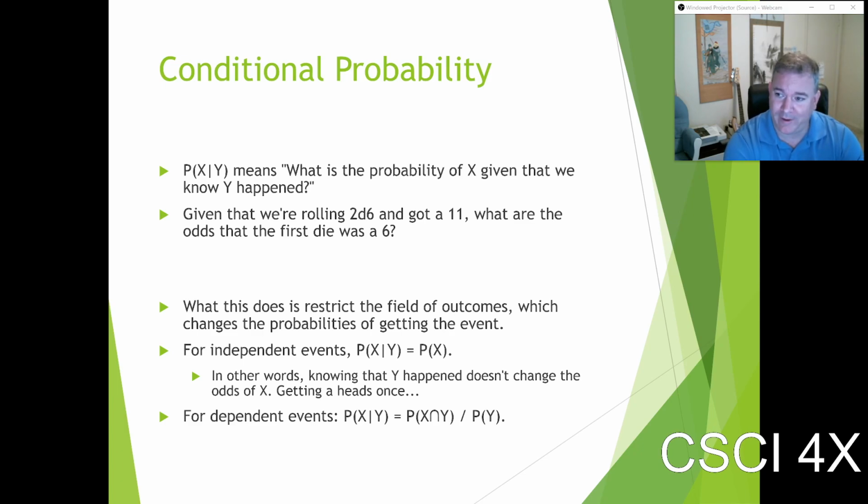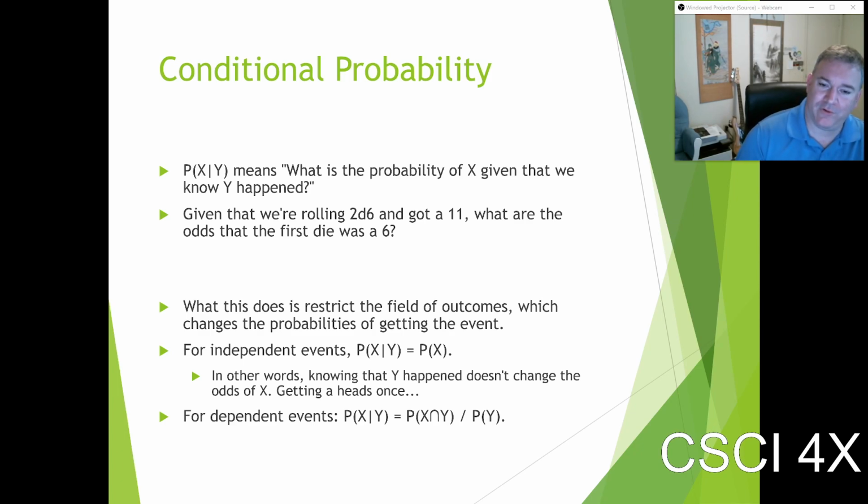Type out all the different ways you can roll an 11. Five and a 6 and a 6 and a 5. Right? So if I reveal to you that I rolled an 11, the odds that the second die is a 6 is 1 out of 2. Okay. So, yeah. It restricts the probability.